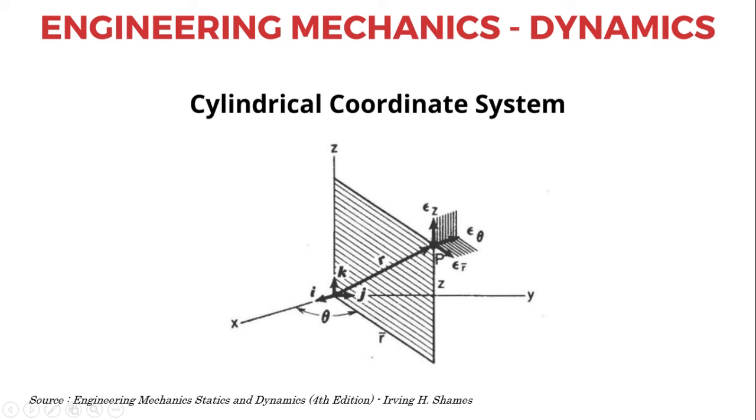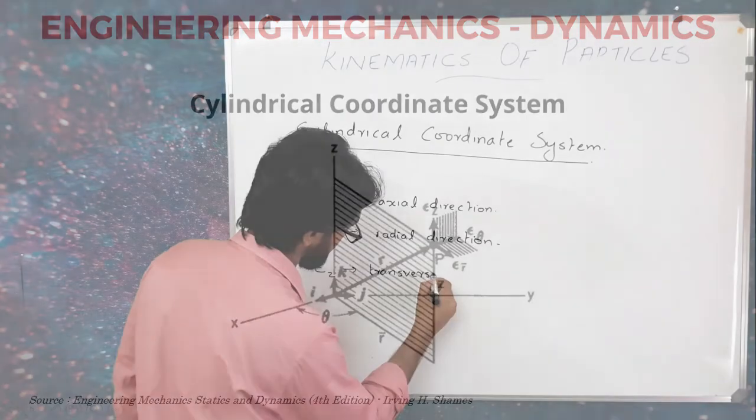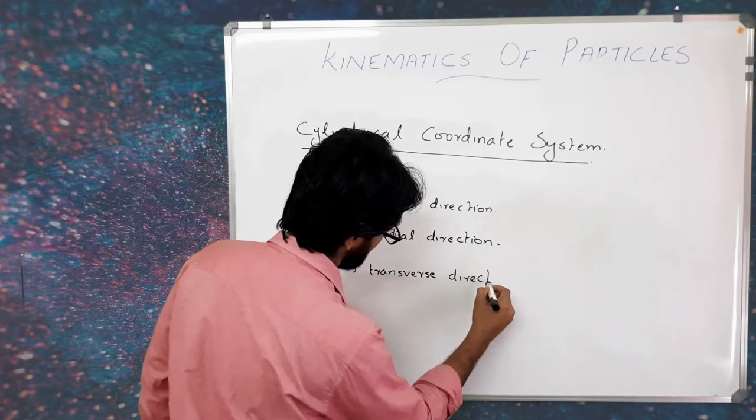Epsilon r is normal to the z-axis in the plane of the radial direction. Epsilon r changes as the plane rotates. The next unit vector is epsilon theta, which is normal to both epsilon z and epsilon r. This is called the transverse direction.